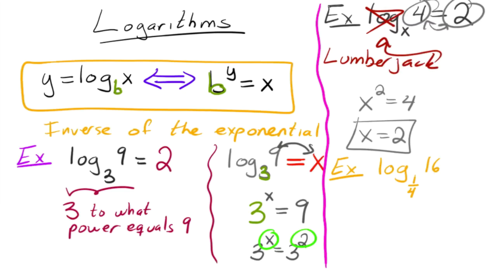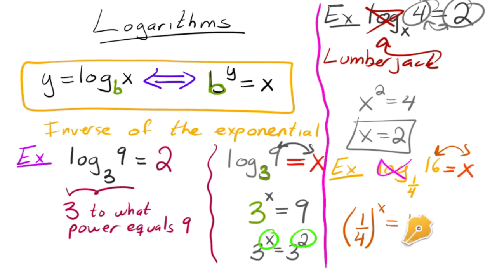So since we don't know what that is, we're going to set it equal to x, and then we go, lumberjack, come on over, knock down the log for me, whack, whack. So then you get that the base is going to be the same, 1/4, and then these two trade places. So you have 1/4 to the x equals 16.